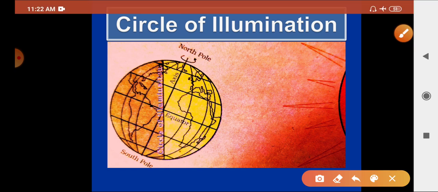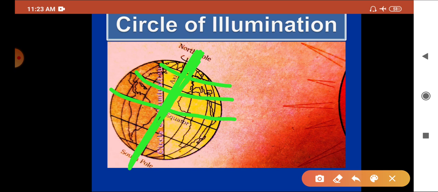This axis, you can see in the center, is an imaginary line. It is not a real line on the Earth's surface. All these lines, the horizontal lines, are called latitudes, and the vertical lines joining the poles are called longitudes. These are imaginary, not real lines.